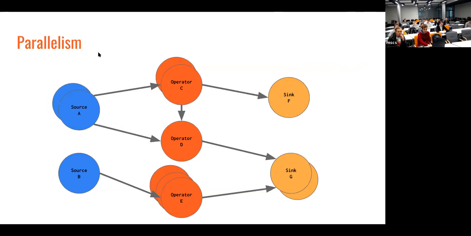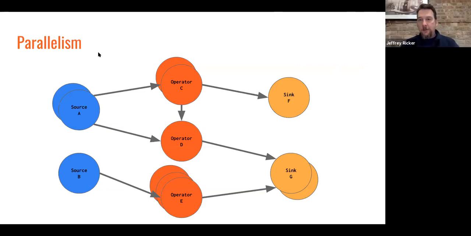Okay. All right, so we scale streaming processes just like everything else by operating in parallel, which means that you will have more than one of each operator.